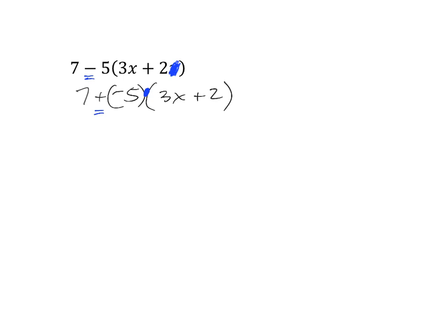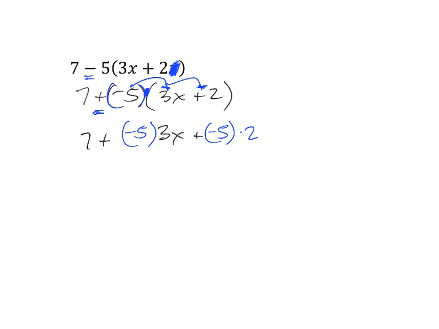So the first way would be to write this as addition so you see the negative 5 and distribute the negative. You have to make sure that the negative goes to both the 3x and the 2. So we would write this as 7 plus negative 5 times the 3x plus the negative 5 times the 2.